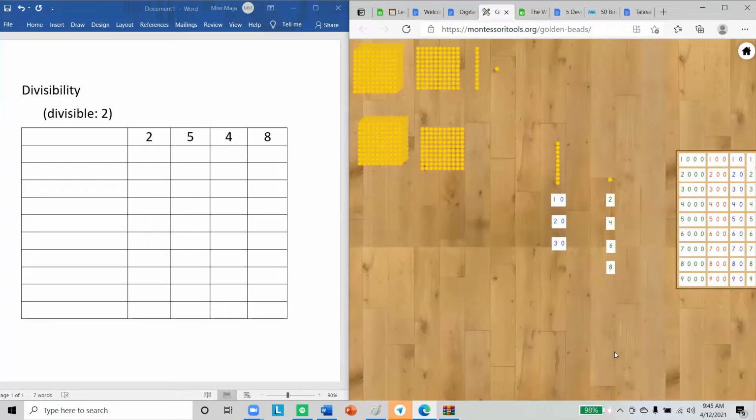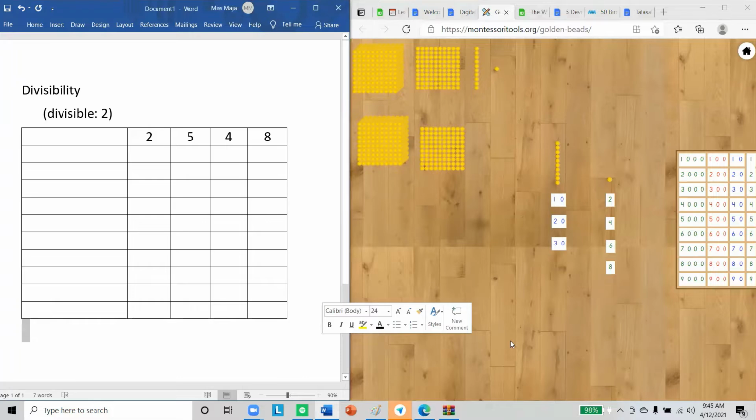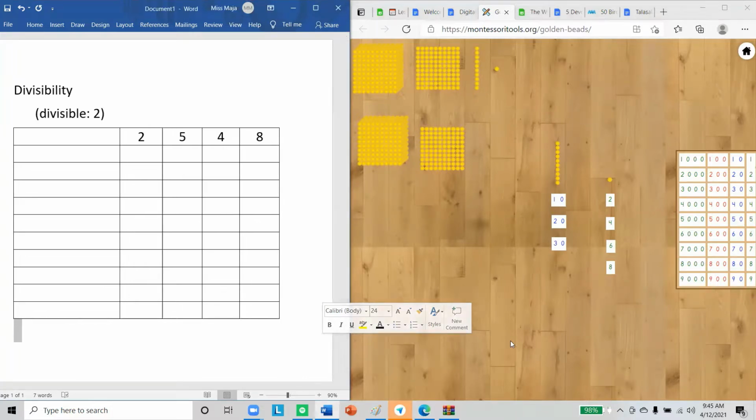If not, can you give me a number in the category of 10 that is not divisible by 2? Is there any number that belongs in the tens that is not divisible by 2?